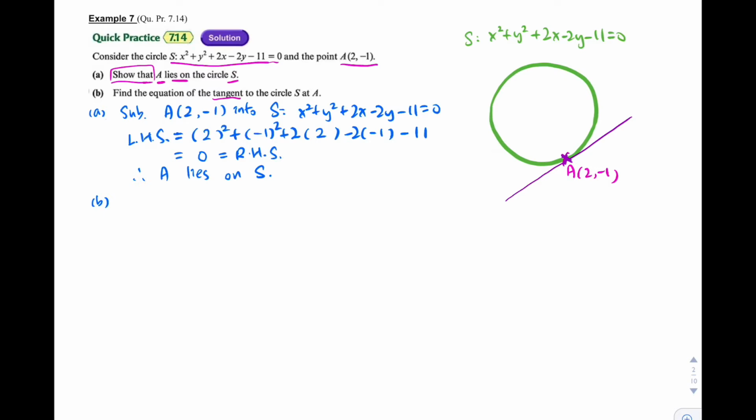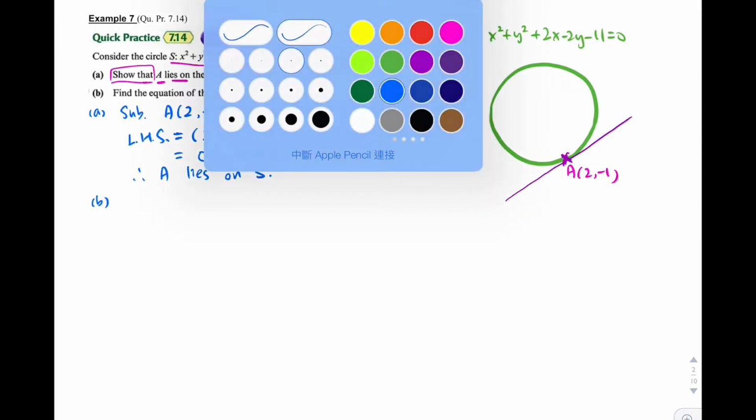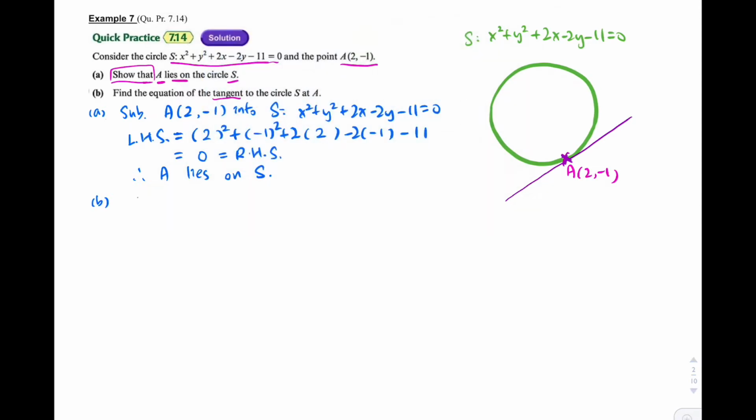So by using what we have learned for this case, first, we try to find the coordinates of the center, D over -2, E over -2. So you got this is (-1, 1). And we have the point A already.